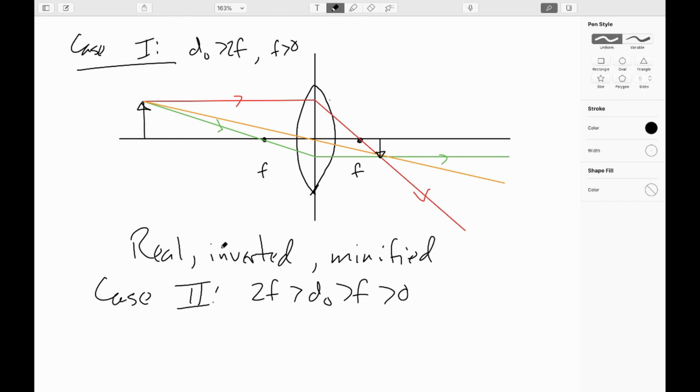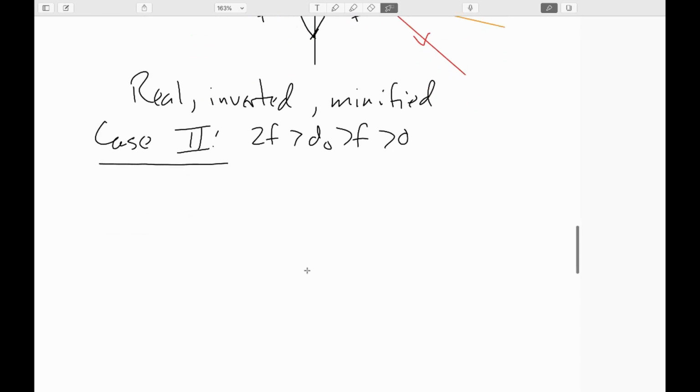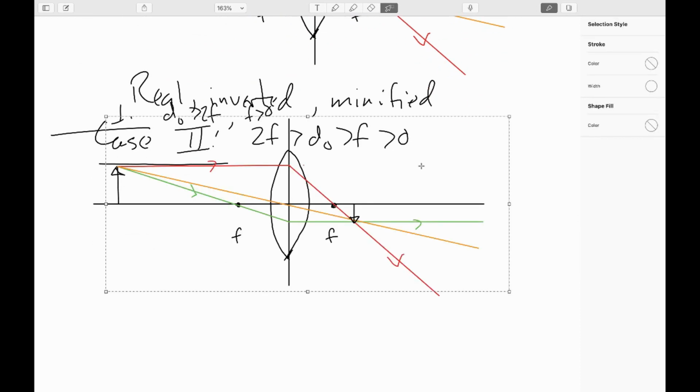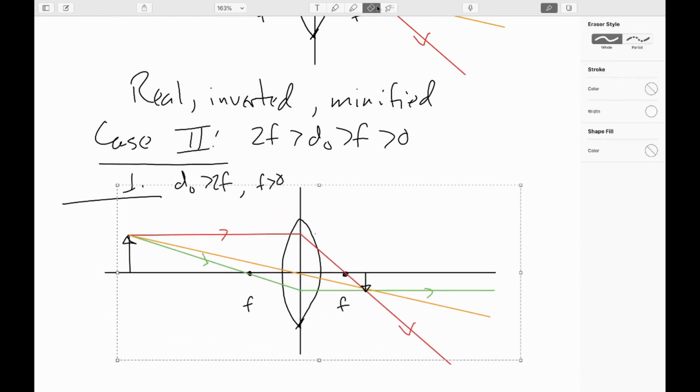So go ahead, pause the video, try to construct the ray diagram, and then we'll meet back up. Alrighty, so here's my attempt at it anyway. Alright, let me clean that up for a second.